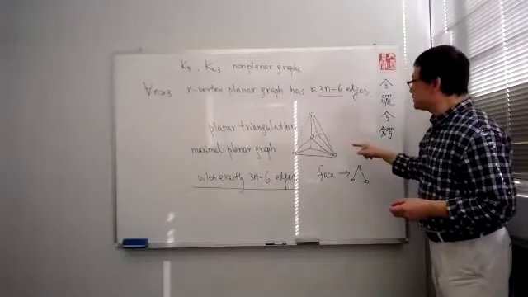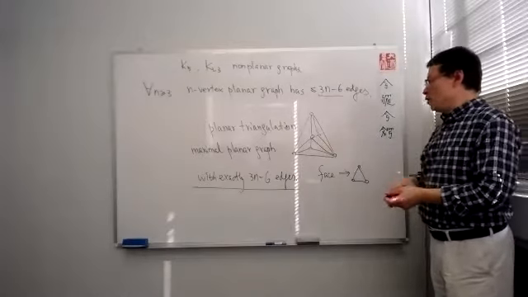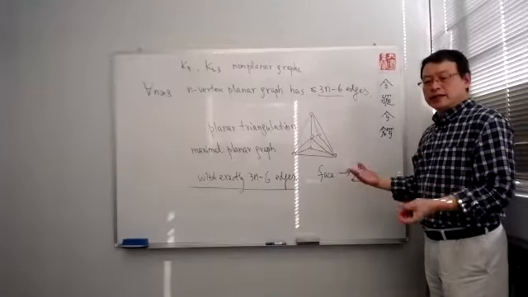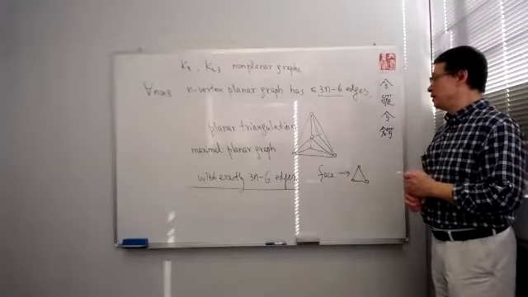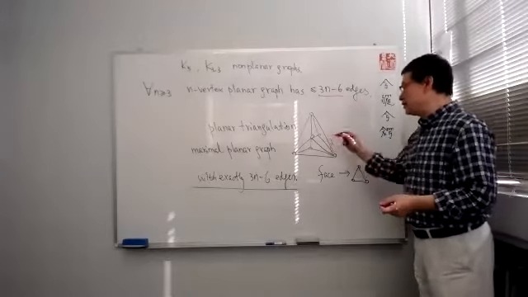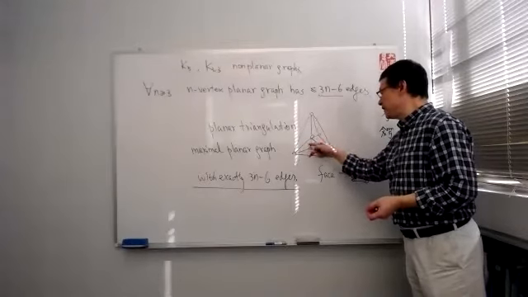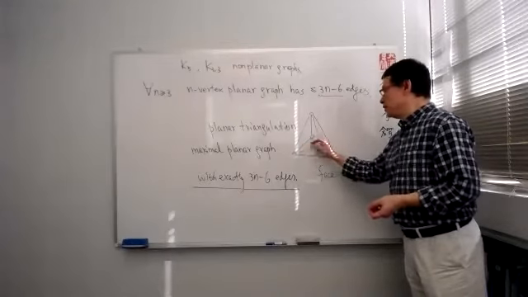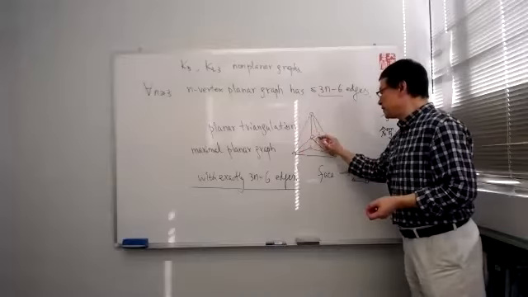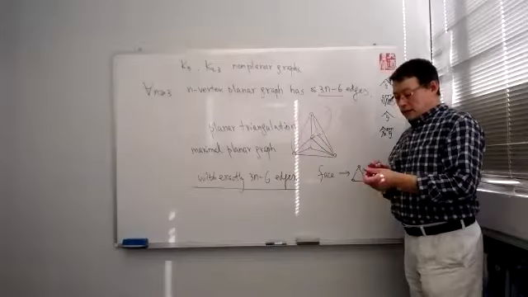How many vertices? 6, and 12 edges. That's the maximum possible. If I add one more edge, the graph is not plane anymore. Actually, for this one, we cannot add any edge. If we add one, it will cross. If I add an edge between these two, it has to cross one of the edges. Regardless of how I draw it, inside I will cross it, and outside I will cross this edge.